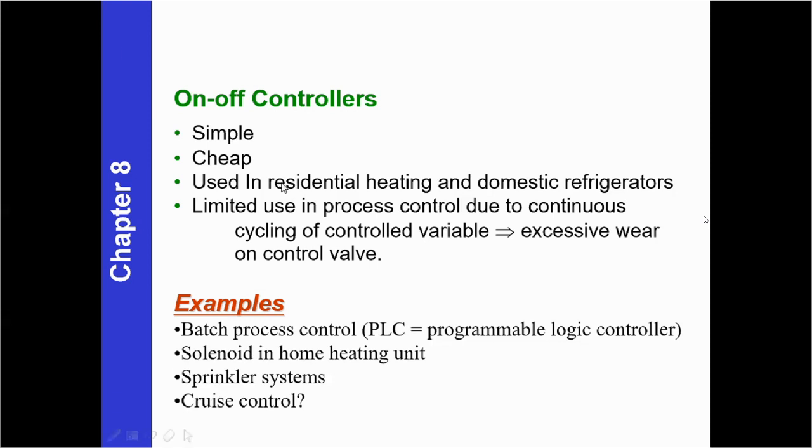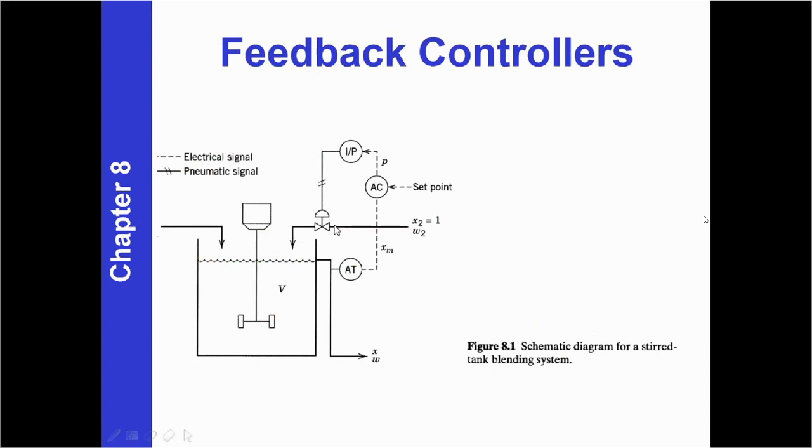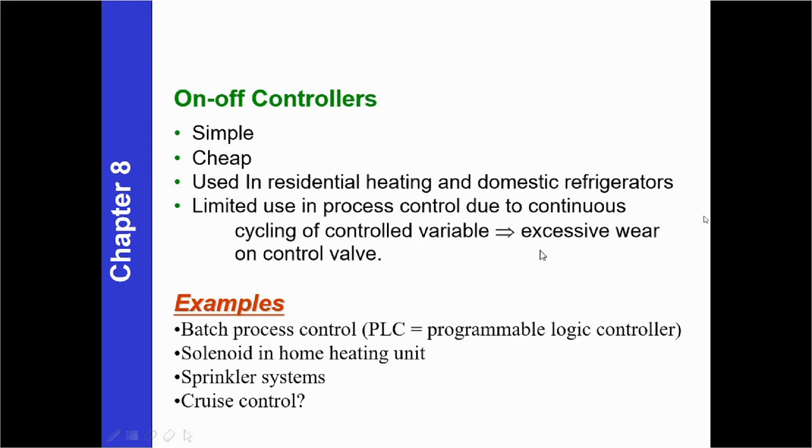If you look at the schematic diagram, for example, if the water coming into the tank keeps on flowing, there's no way to control the opening of this valve. So it continuously cycles, and maybe the rubber or the O-rings inside this valve will wear out over time. That's what excessive wear on control means here. The examples of processes that require on-off control are things like batch process control.